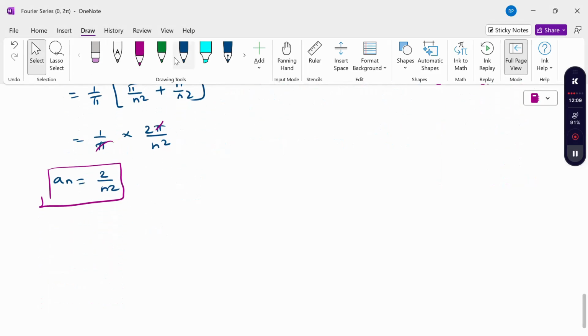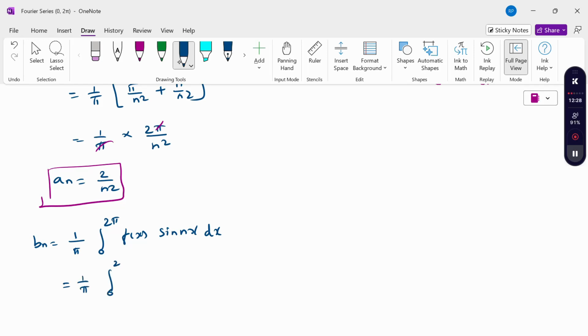And next to find b n. So b n is nothing but 1 by pi, integral 0 to 2 pi f of x sin nx dx, then substitute the f of x value: 1 by pi, 0 to 2 pi, pi minus x whole square, and then sin nx dx.